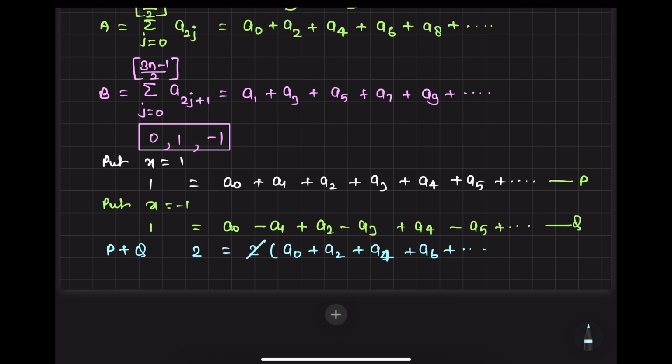So can I multiply both sides by 1 by 2? So I can say that the sum of even lower subscripts is 1, correct?